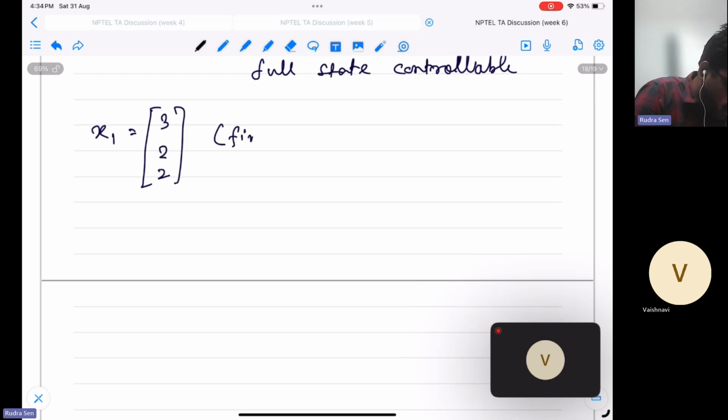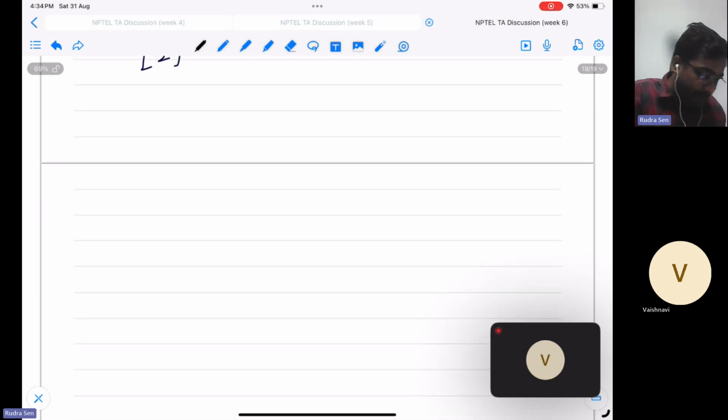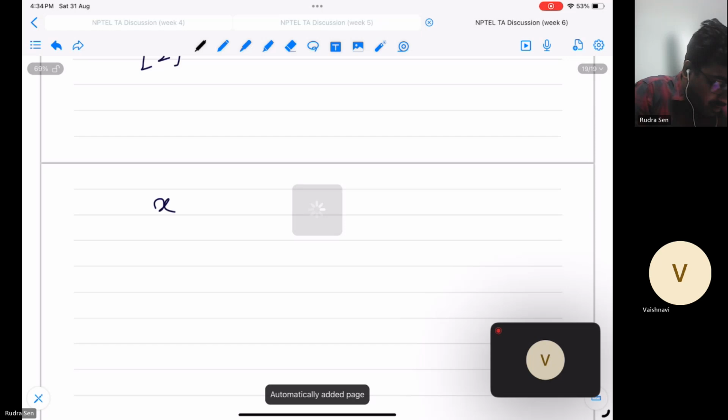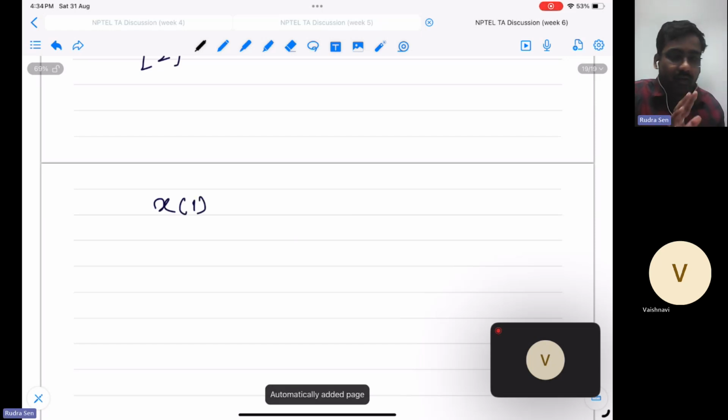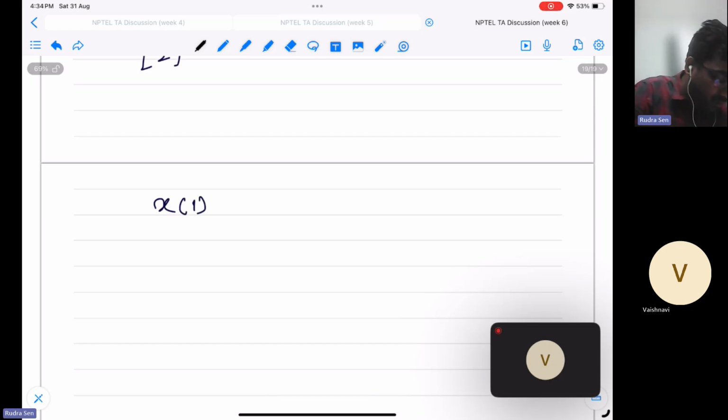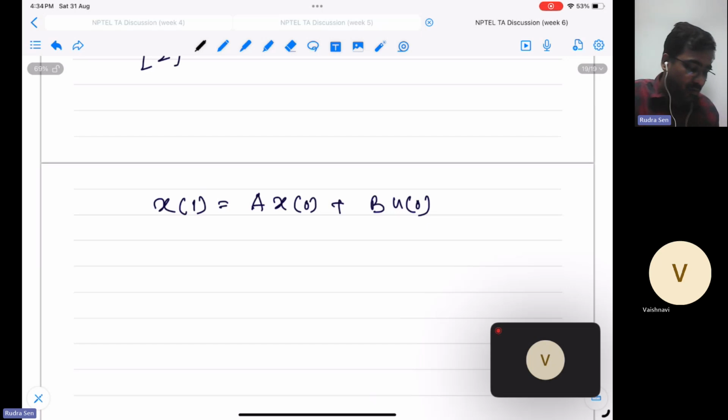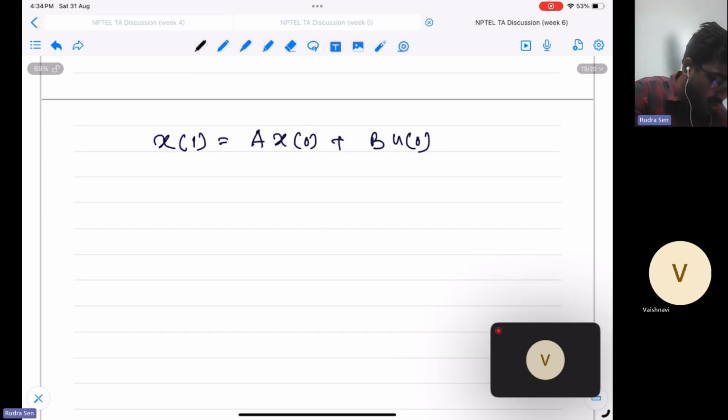This is basically the final state information. Since we have a discrete time system, check the next time step. What will we get? A x0 plus b u0. X0 is 0, 0, 0, right? So this term is 0.